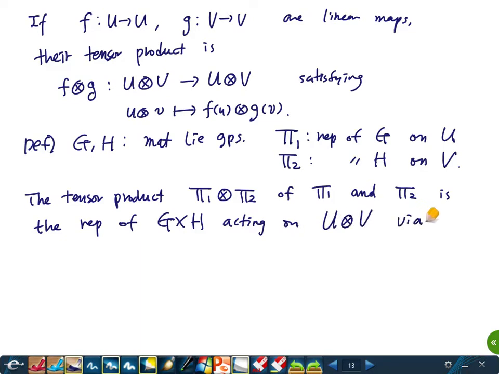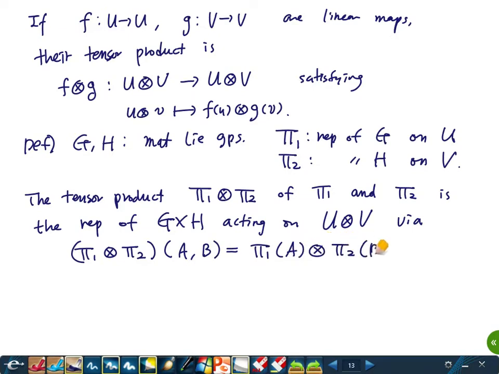How is this acting? In the natural way, you can imagine. So for (A, B), this is an element in G times H. So this is defined, and this is defined, and this is a map. This is a map.